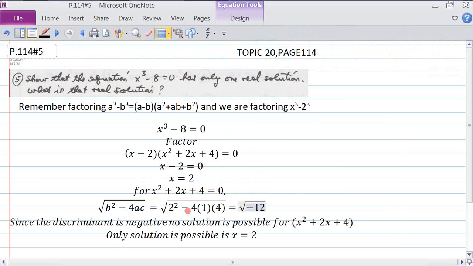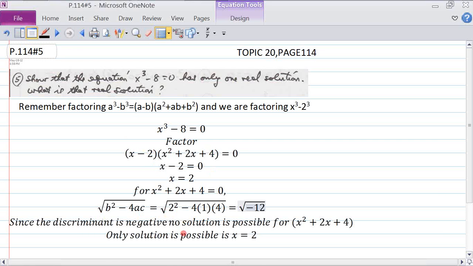Okay, so 4 minus 16 is minus 12. This is negative, and since the discriminant is negative, there's no possible solution. So there's only one possible solution for this part here. If you substitute 2 into here, 2 minus 2 is 0, and this is 0.